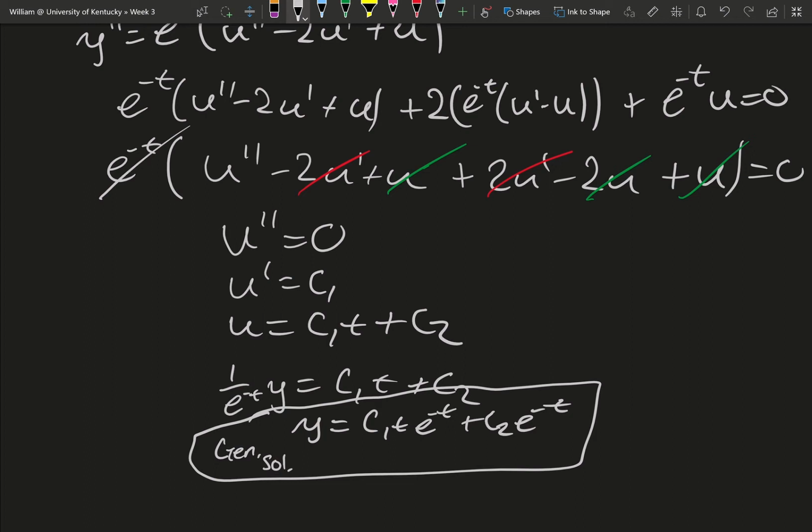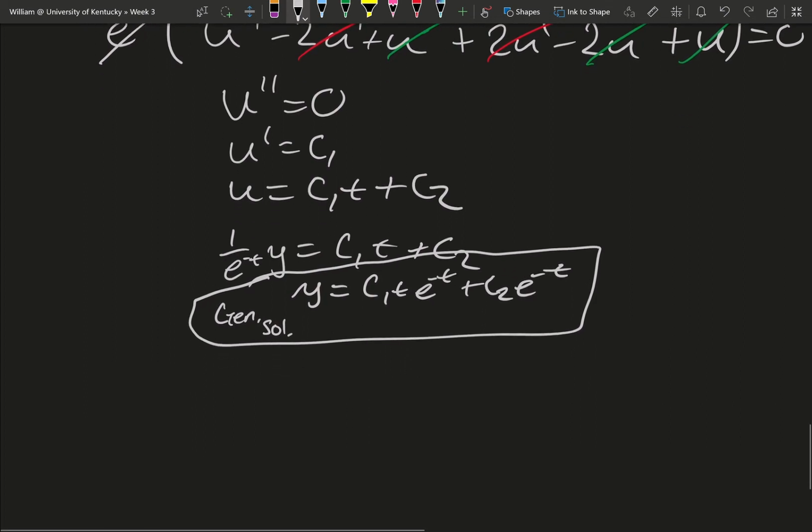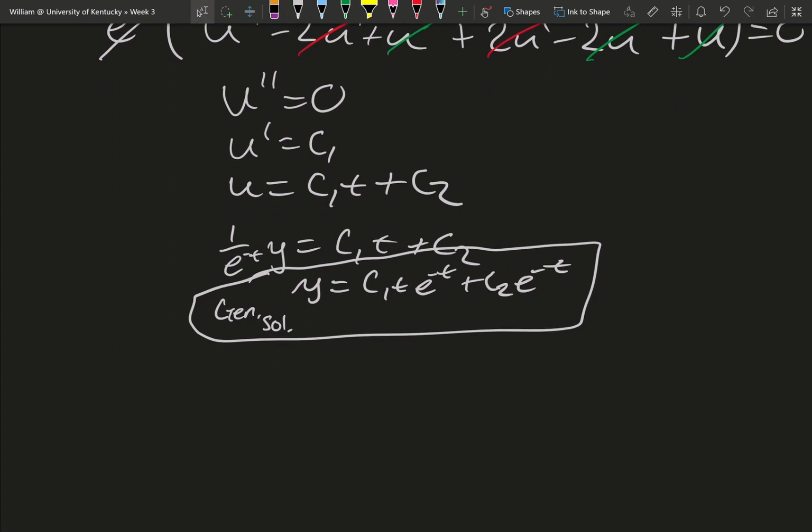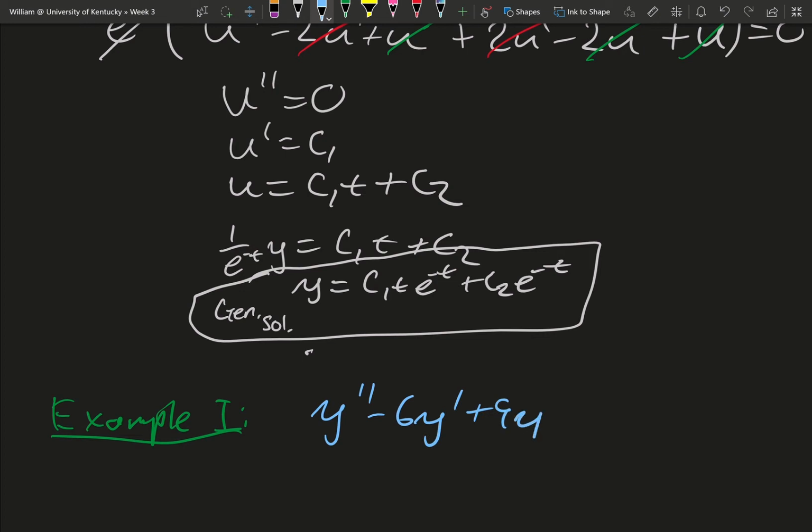All right. So I think we've probably seen enough. We get a sense now of what's going to happen every time. For the first example, we had y double prime minus 6y prime plus 9y.